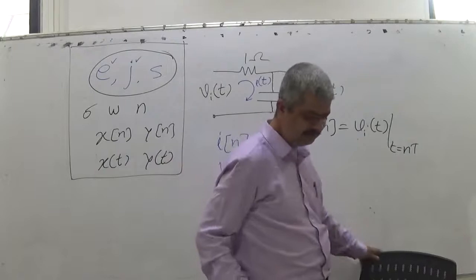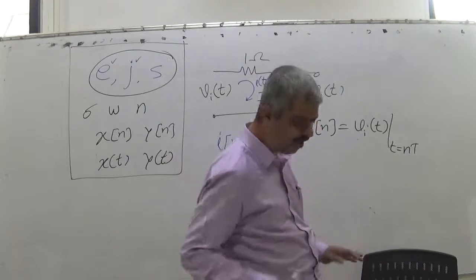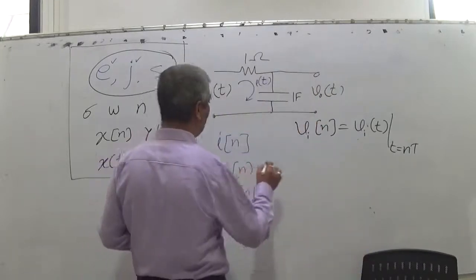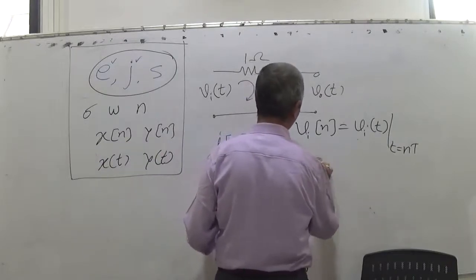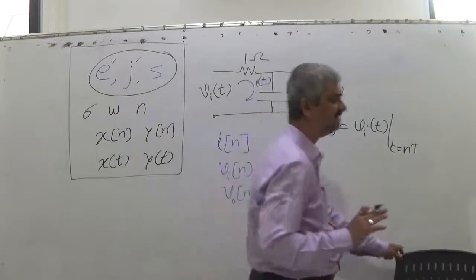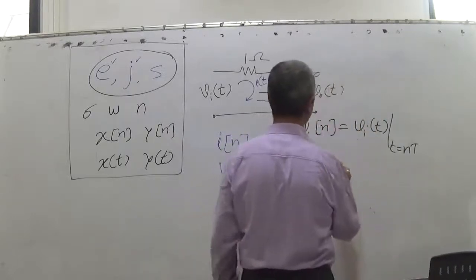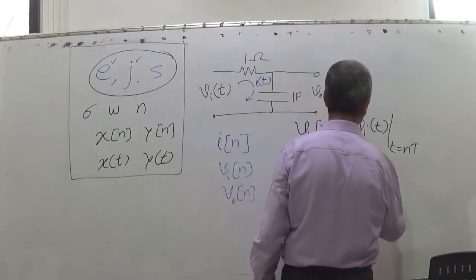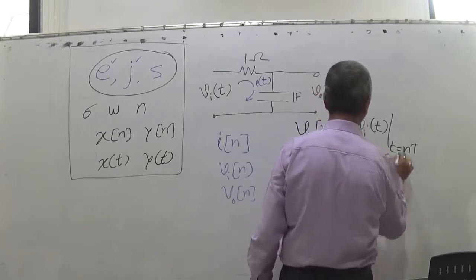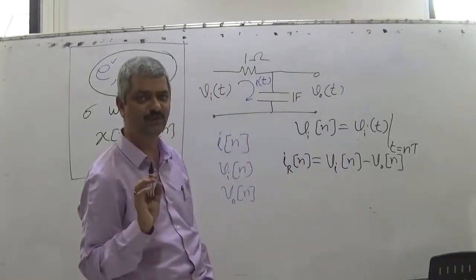Then what will be iR[n]? Same way, iR[n] is same as iR(t), same expression, Vin[n] minus Vo[n].